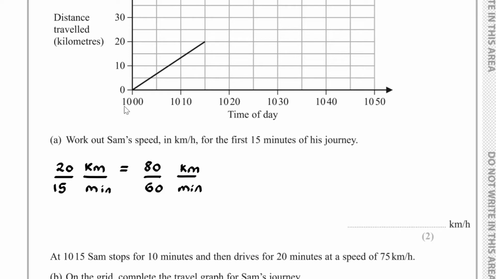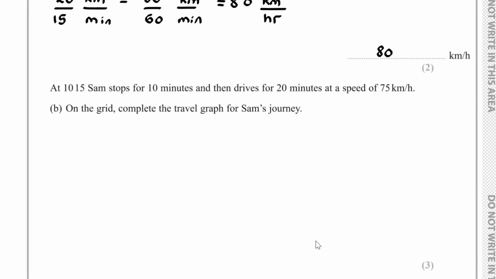So we travel at this rate 80 kilometers every 60 minutes, which is the same as 80 kilometers per hour. And so we have 80 kilometers per hour.